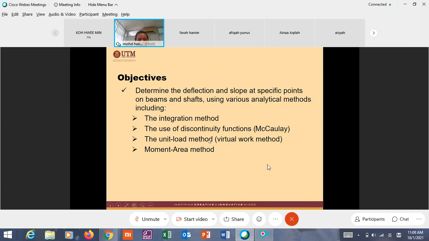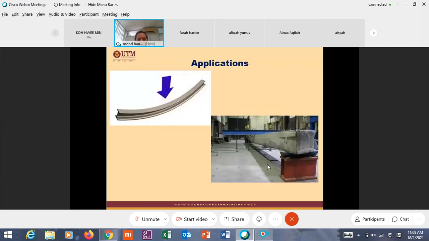So we use the same concept of external load and internal load as we have done for truss analysis. And another method is the moment area method, which I think we don't have enough time to present. If you need to study this moment area method, maybe we have to do it in your self-learning. Okay.